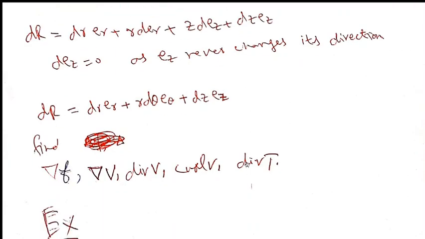Now, exactly on the similar lines which we discussed in finding all these things for polar coordinates, you have to follow those lines and calculate all these things for cylindrical coordinates.